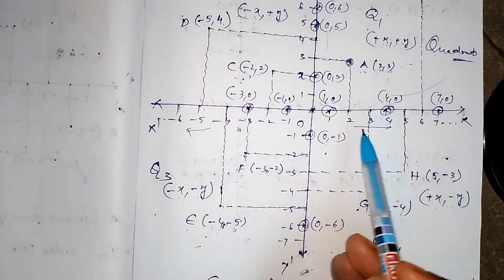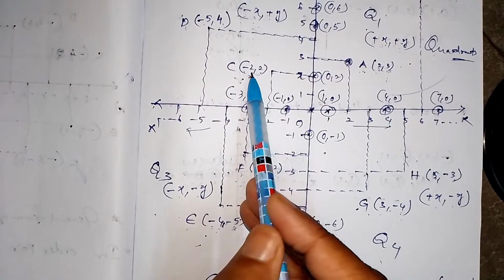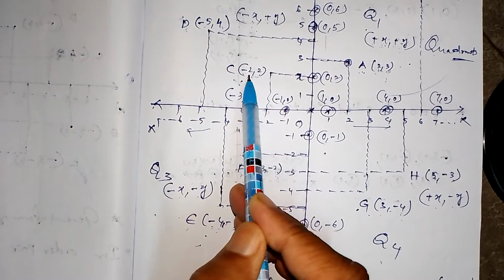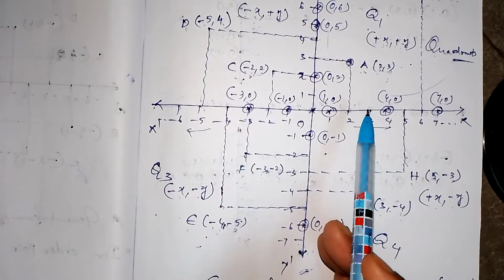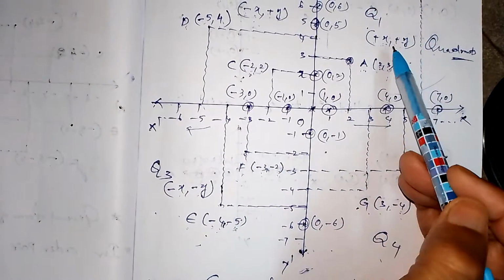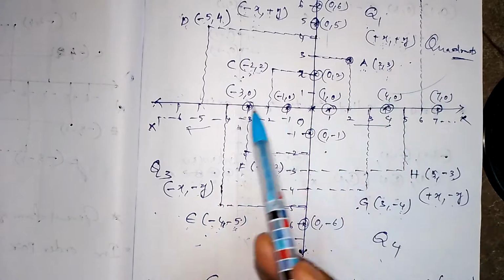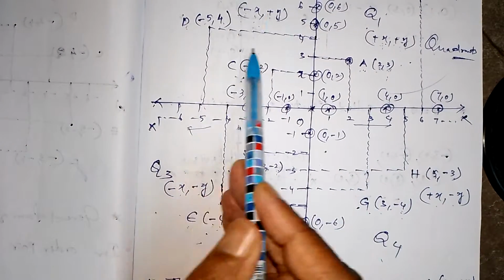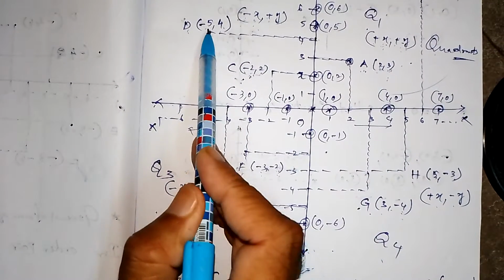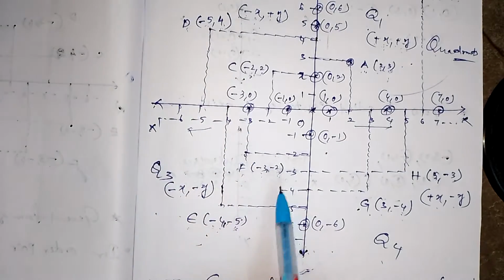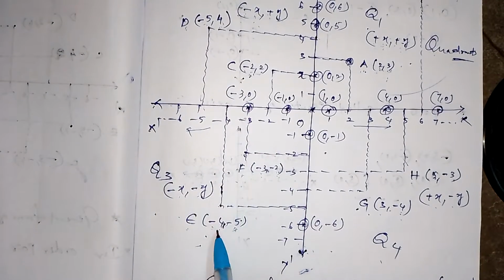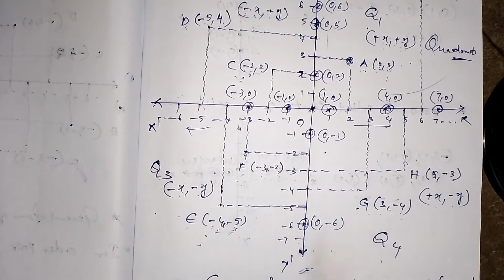So from these points what we observed is, in this ordered pair, first I take the x coordinate value and then the y coordinate value, right? So in the first quadrant both the x and y values are positive, and in the second quadrant the x value is negative and the y coordinate value is positive. In the third quadrant both the x and y coordinate values will be negative.